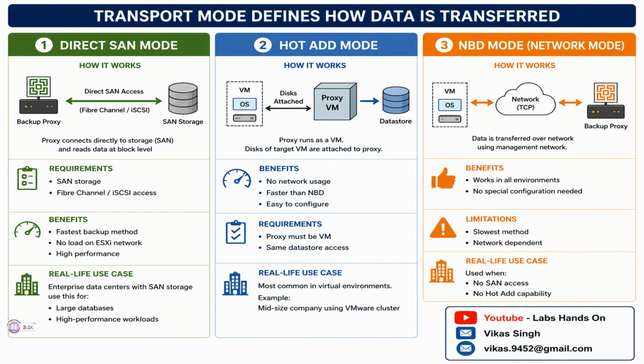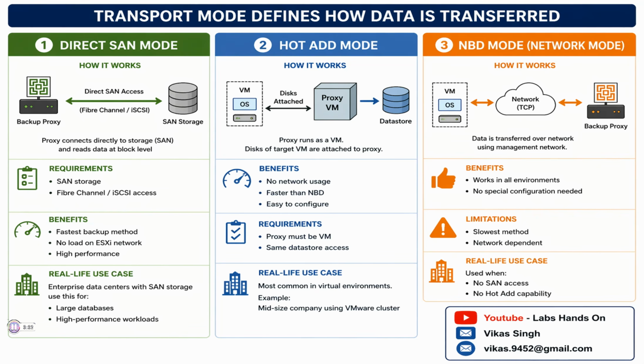Let's start with direct SAN mode, which is the fastest method available. In this mode the backup proxy connects directly to the storage system, the SAN, using Fibre Channel or iSCSI. Instead of going through an ESXi host or network, it reads the blocks directly from the storage. Why is this important?